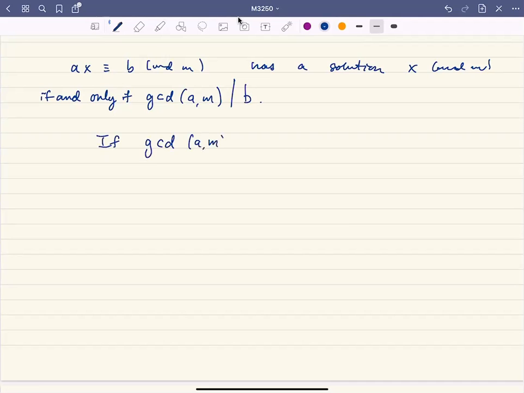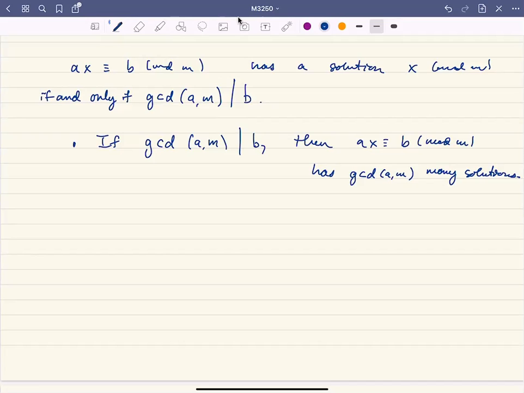And so if the GCD of a and m divides b, then this congruence not only has solutions, but the greatest common divisor of a and m, whatever that number is, is how many solutions it has. So if the greatest common divisor of a and m is 3, then there are 3 solutions for x mod m.